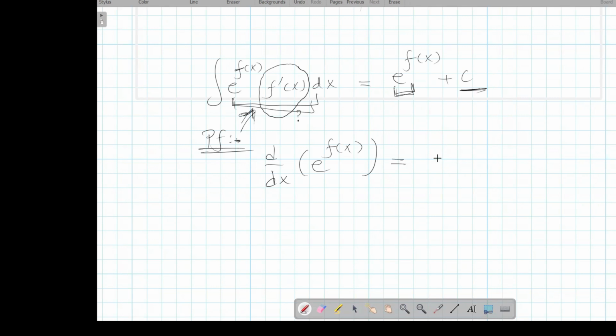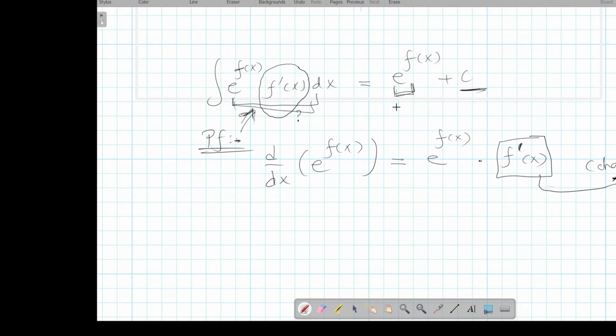Use chain rule. The derivative of e power f of x is the same e power f of x, but you have to multiply the derivative of f of x. This is chain rule. Now you see where the derivative is coming from.